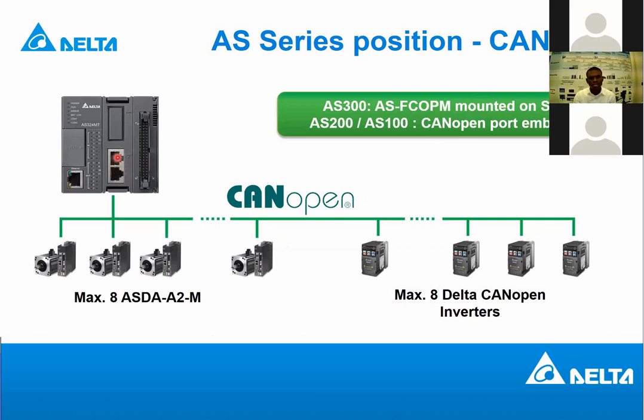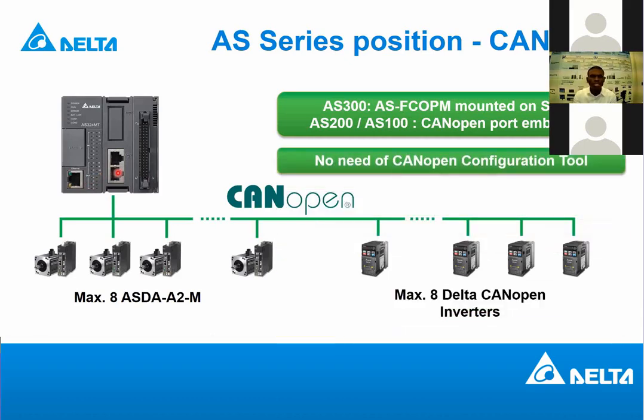When you have done this, you are ready to go, ready to control your drives, the slaves, using the CANopen communication protocol. For the AS200 and AS100 PLC series, the CANopen port is built underneath the PLC. If you turn the PLC over, you'll see there's a CANopen port embedded on the PLC itself.